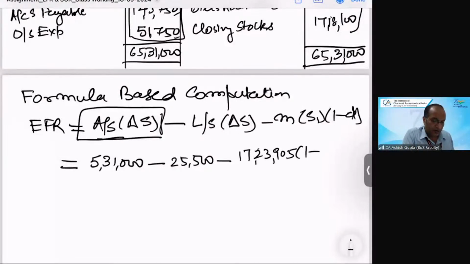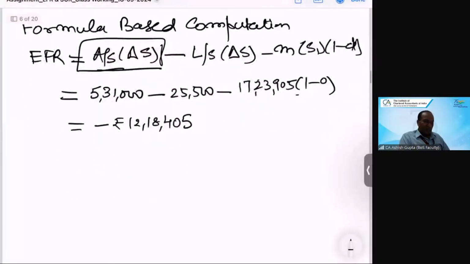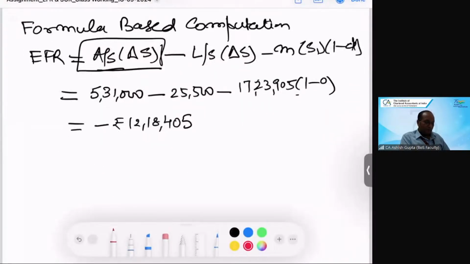I am declaring no dividend. So whatever is left is here. So if I compute this figure, it becomes a negative figure. This negative indicates that I will use this amount as a refund.